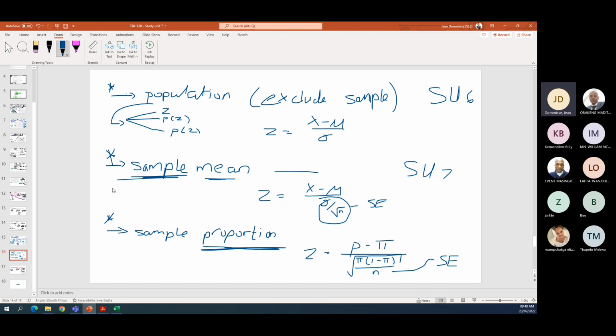On the mean, they can ask you exactly the same Z, the probability of something, and the standard error.